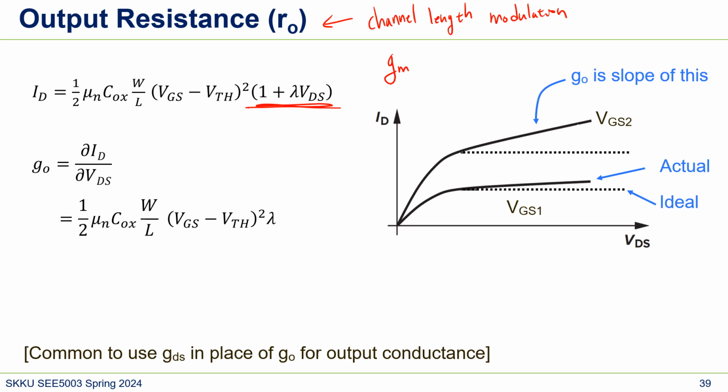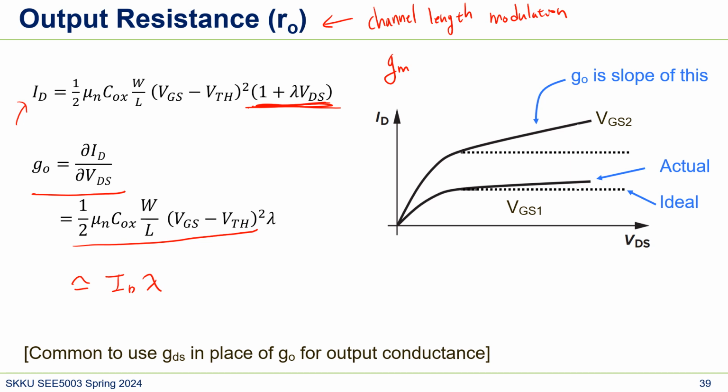So anyway, in output resistance, we are considering channel length modulation. GO is the derivative of ID over VDS. We can just calculate it, and it looks like ID times lambda. Again, this ID is the ID when we ignore channel length modulation. I know above we considered channel length modulation, but suddenly we just ignore it.